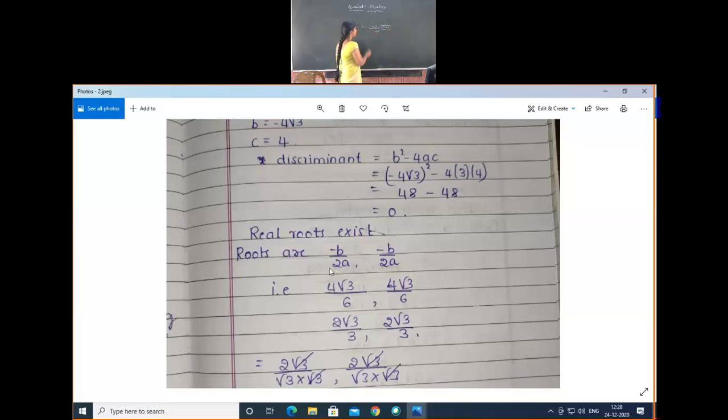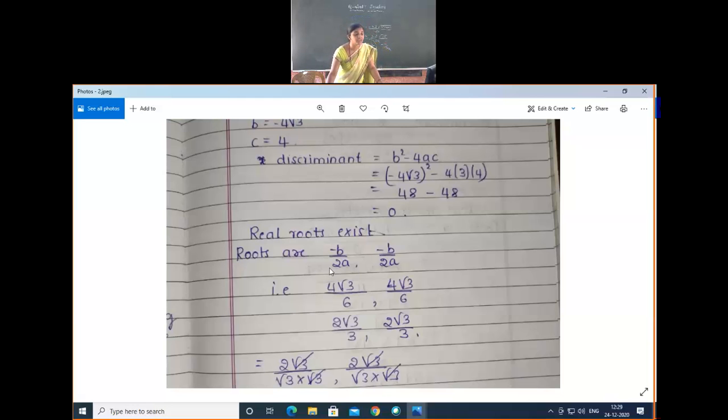If b square minus 4ac is 0, then minus b plus or minus root 0, and root 0 is 0 only. x is equal to minus b by 2a is remaining. Roots are real and equal, so the two roots are minus b by 2a and minus b by 2a.